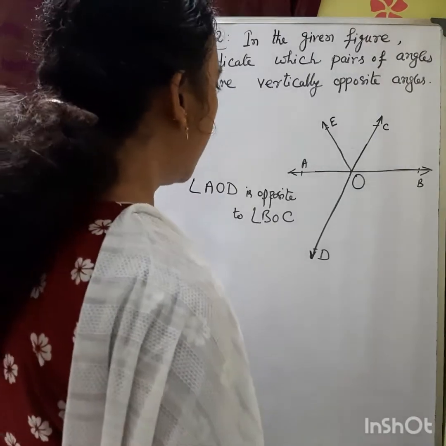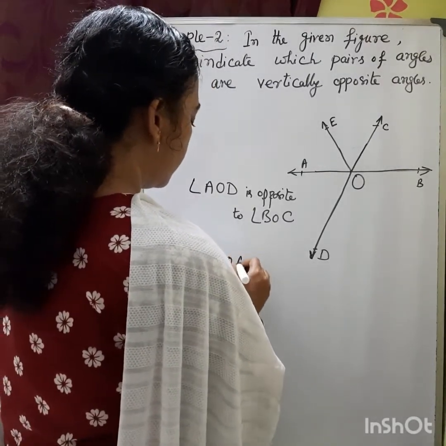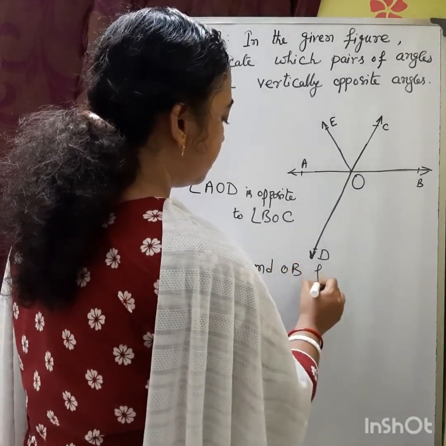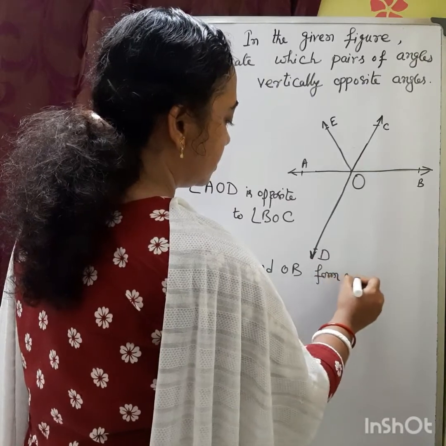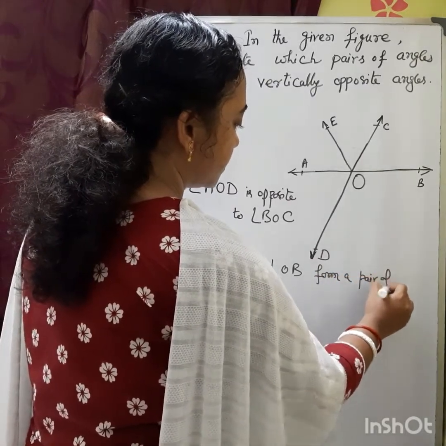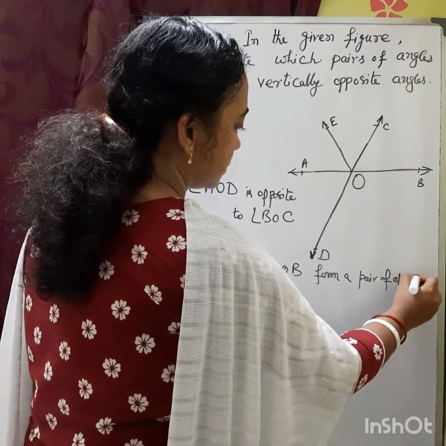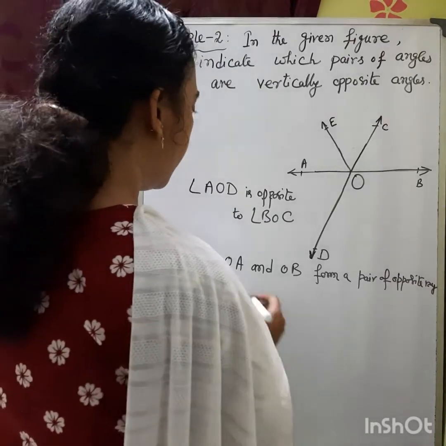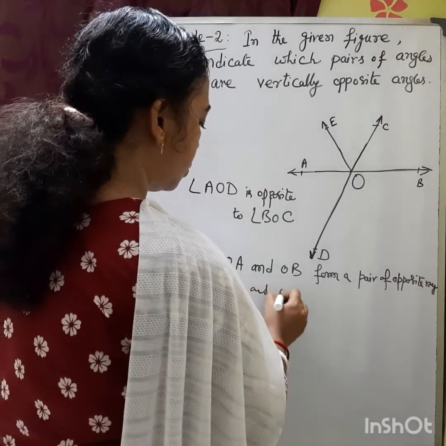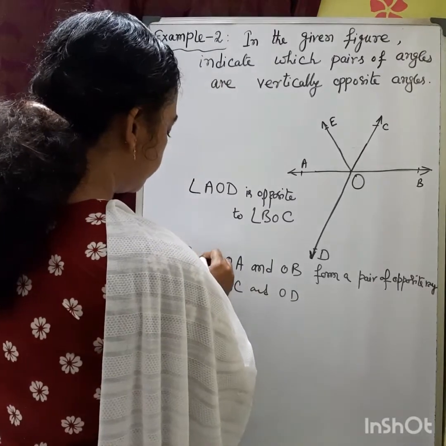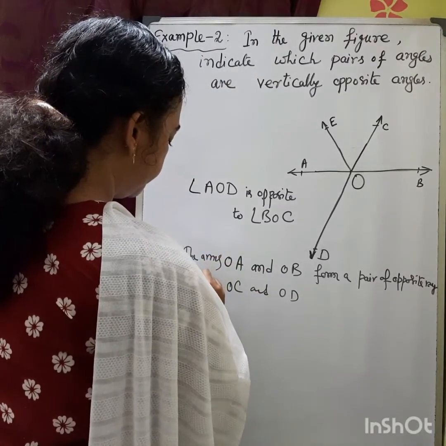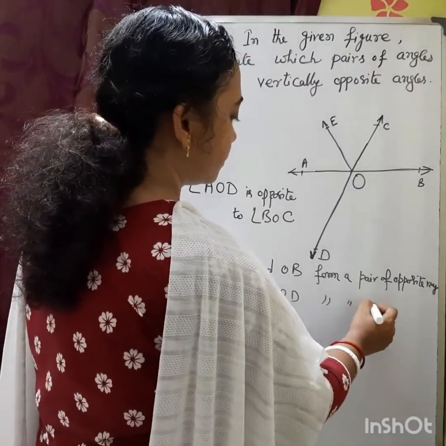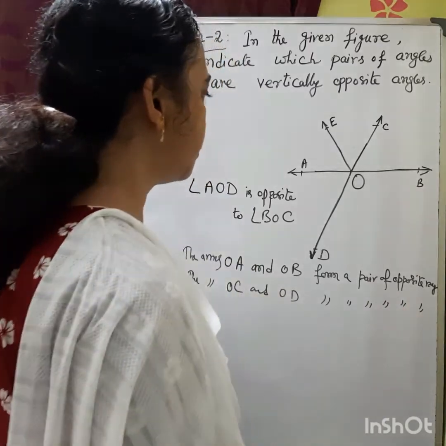If we consider their arms, the arms OA and OB form a pair of opposite rays. Similarly, the arms OC and OD form another pair of opposite rays.